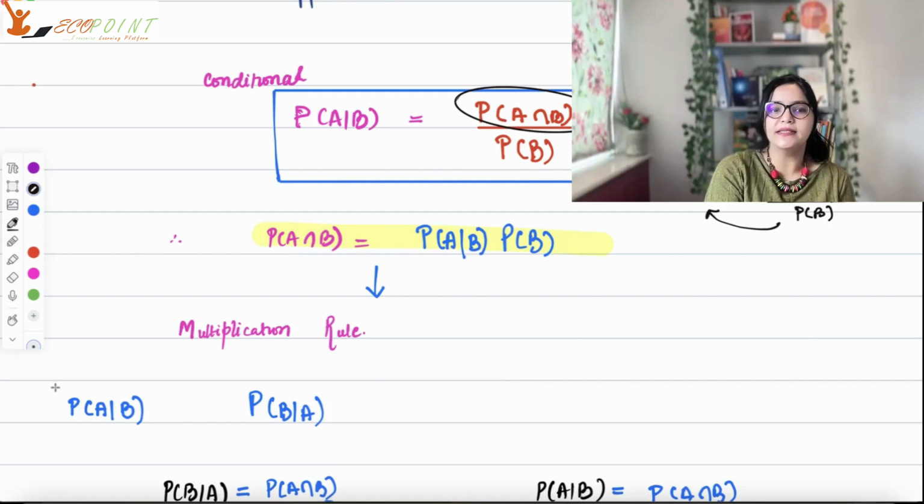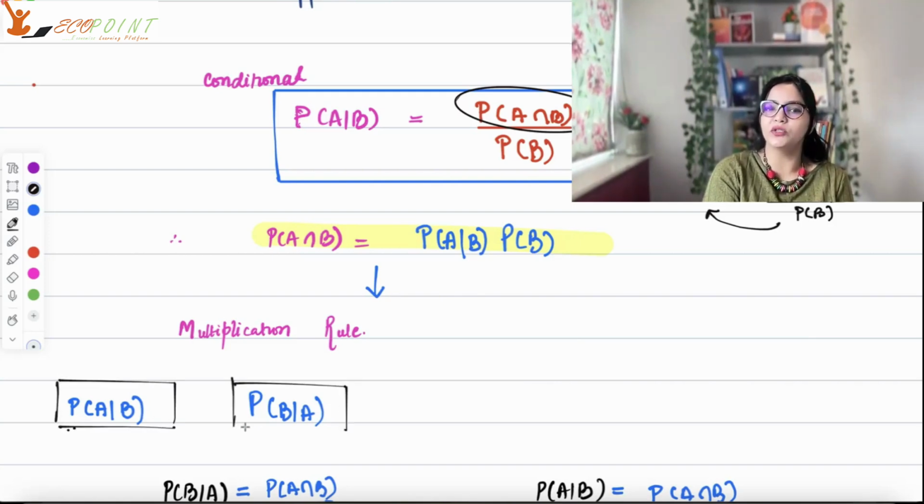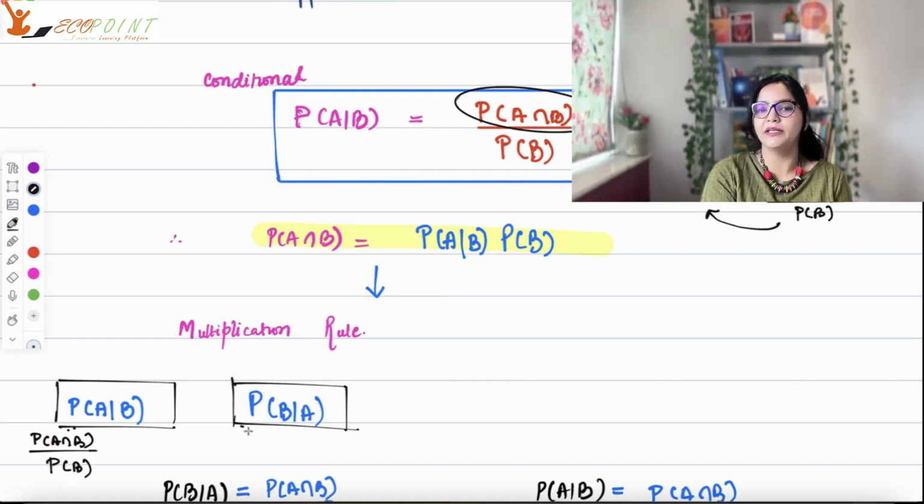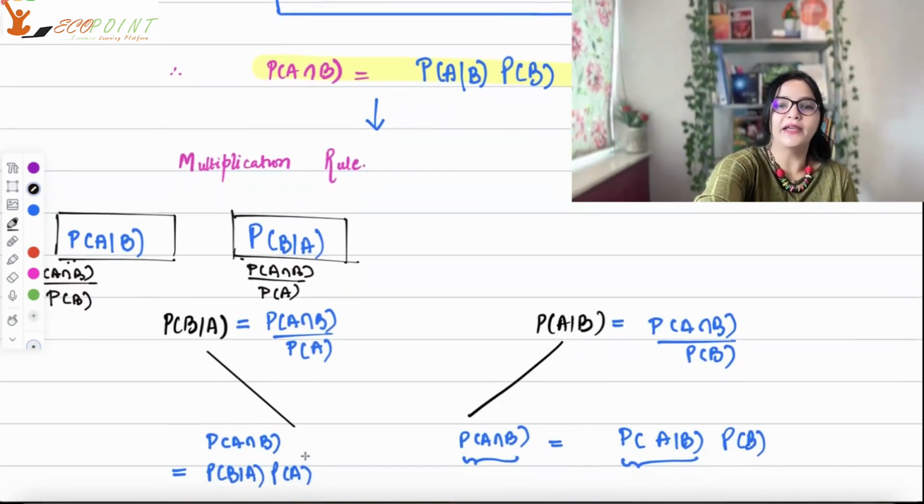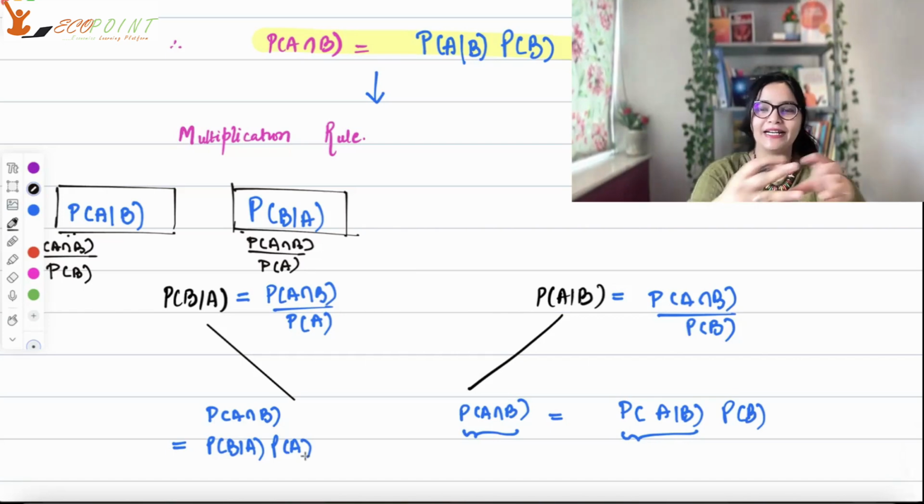You can have the conditional probability of A condition to B or B condition to A. In both scenarios, if you go by the formula, your numerator is the probability of A intersection B. In this case, the denominator is the probability of B. In the other case, the numerator is the same, but the denominator is different. So you can find one conditional probability using the other conditional probability.